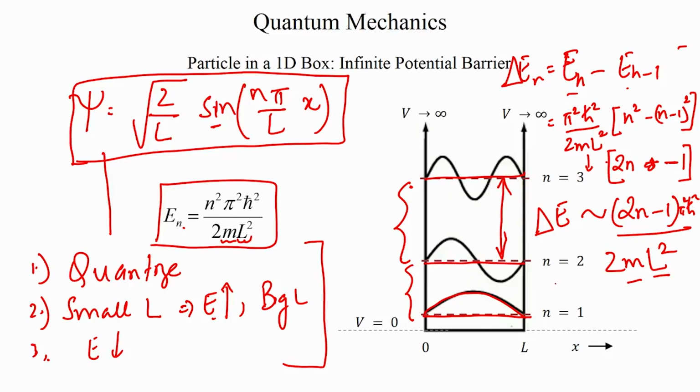So for a large box, not only is the total energy small, the energy gaps between two subsequent energy levels are also small. And similarly, the energy gap between two successive energy levels for a particle with a large mass is also small.